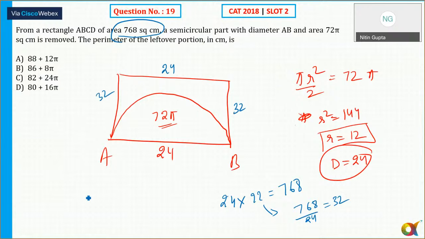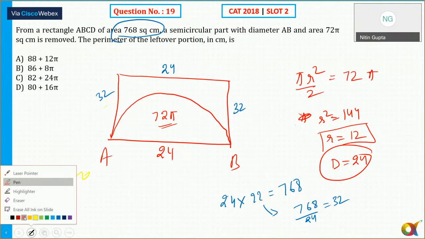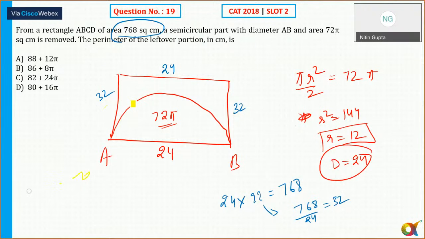Now I need to find out the perimeter of the leftover portion. This is the leftover portion. I need to find the total length of all this highlighted part.